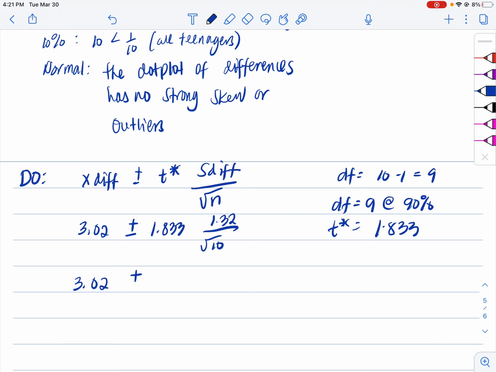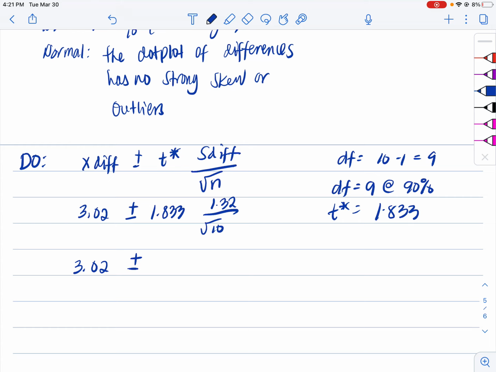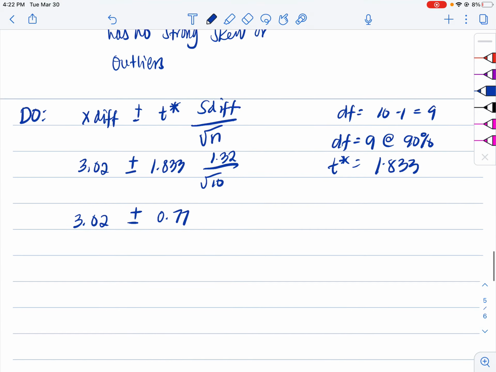Of course, I always have to do my margin of error first, and then I will just combine them by subtracting and adding. So what is 1.833 times 1.32 over square root of 10? All right, I think that is 0.77, rounded.